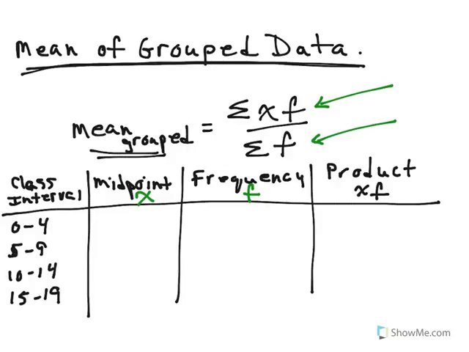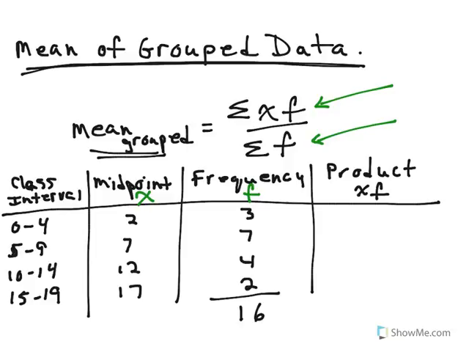So in this example, we have our class intervals 0 to 4, 5 to 9, 10 to 14, 15 to 19, and their midpoint is 2, 7, 12, 17. And our frequencies are 3, 7, 4, 2. And we total those up, and that gives us 16.